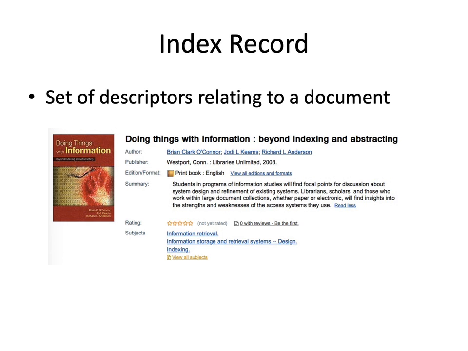So this set of 3 descriptors, plus the title and the authors, which are of course also descriptors in a sense, comprise the index record. The index record could be just one descriptor, but here we have a set of descriptors.